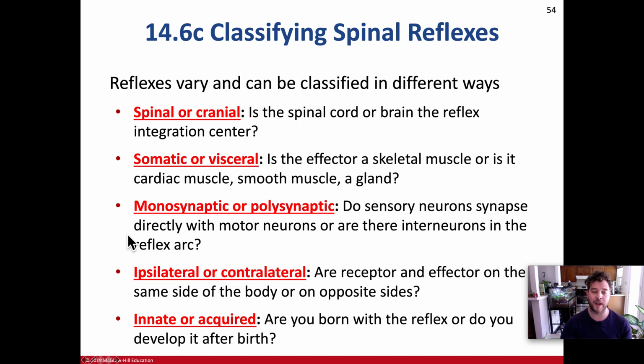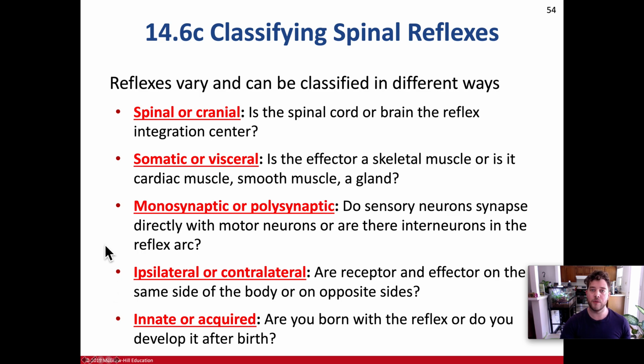Ipsilateral or contralateral: is it affecting something on the same side or the opposite side of the body? And is it innate or acquired? Are you born with this reflex, or do you develop it after birth? So if I give you a reflex, if I say, here is the pathway, here are the neurons that are involved, here's what's happening, you should be able to answer all of these questions for me.